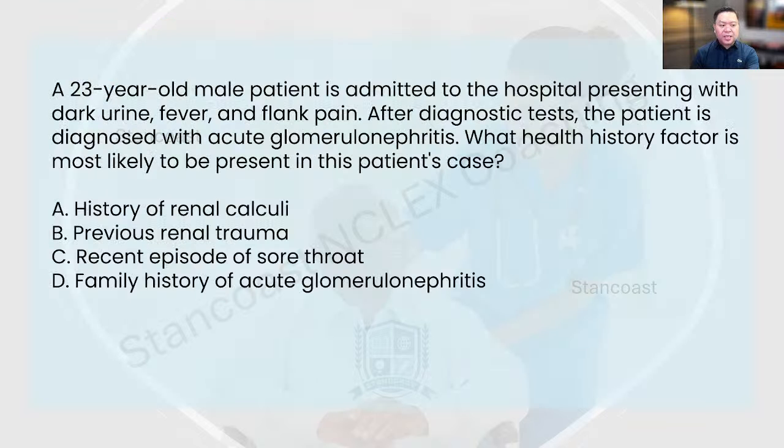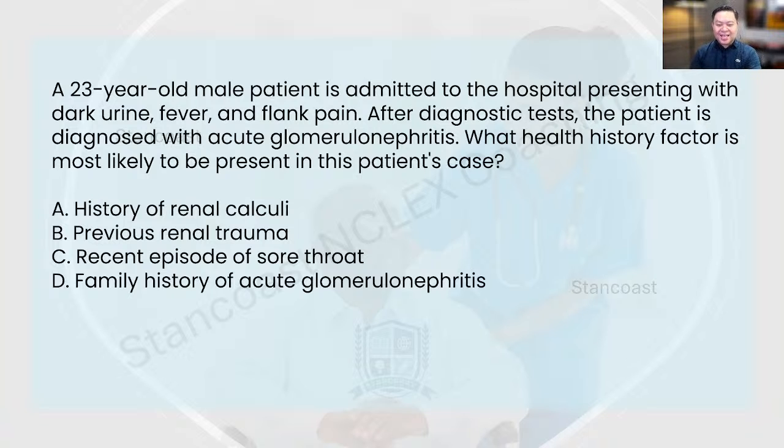Now, another thing is, we are going to start with assessing your knowledge here. At this point, we're going to answer this question. So we're going to go through the scenario here. This says a 23-year-old male patient is admitted to the hospital presenting with dark urine, fever, and flank pain.